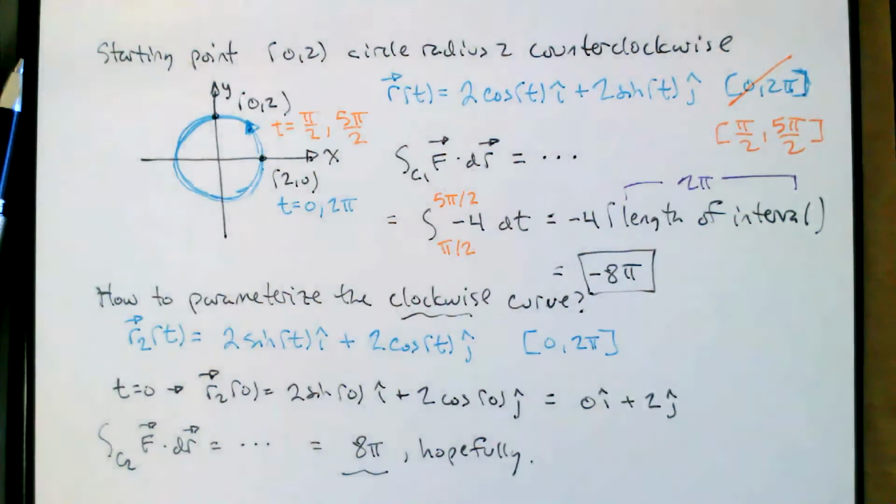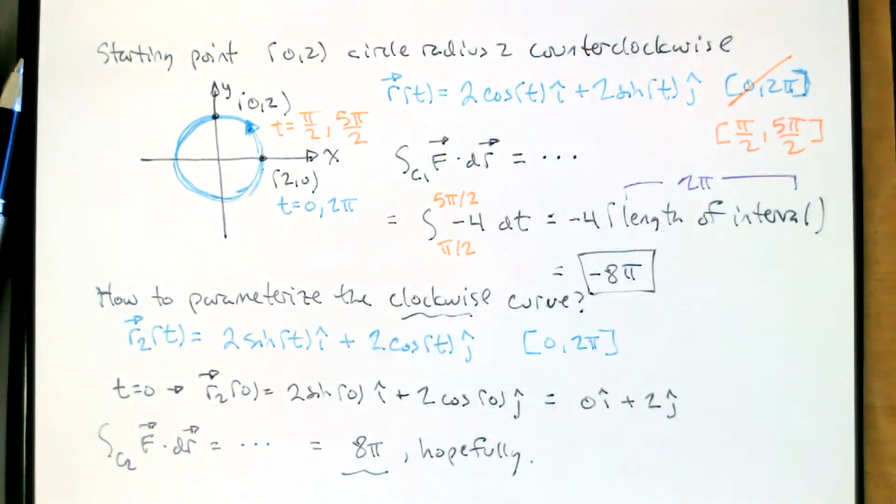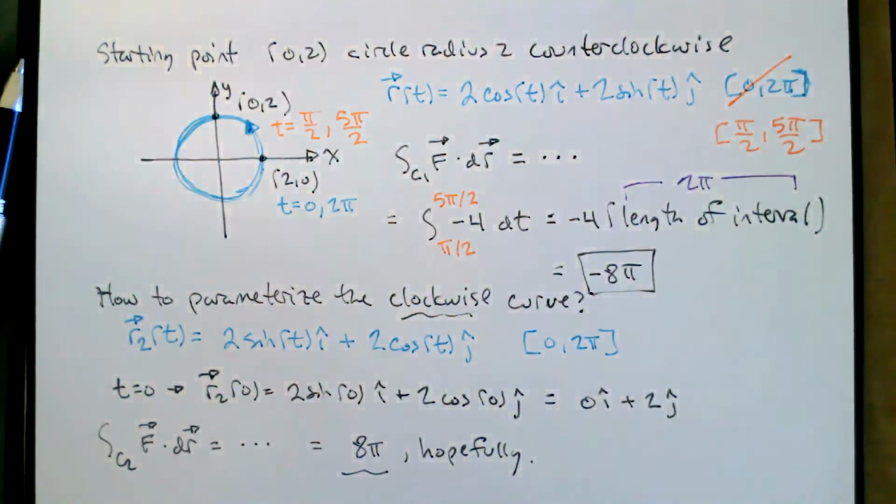Here's the good news. This is not the only way to parameterize this clockwise curve. Here's the bad news. This is not the only way to parameterize this clockwise curve. So we have multiple ways that we can do this. And we want to make sure that they are all consistent.